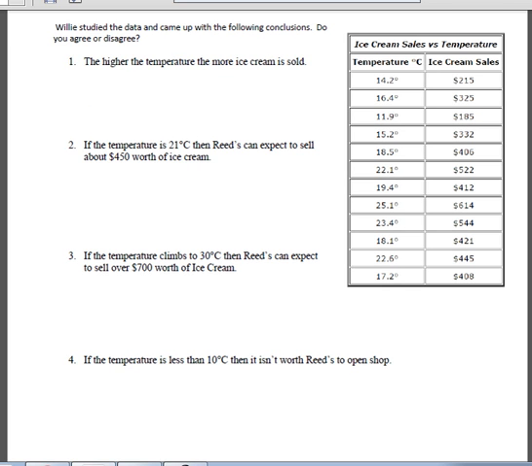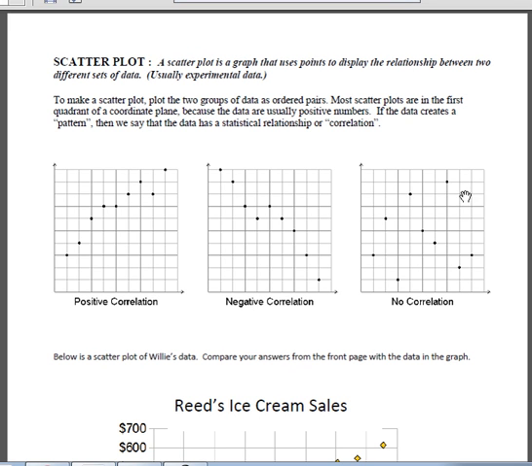So if we go over to page 2, we have some more information. Scatter plots. A scatter plot is a graph that uses points to display the relationship between two different sets of data, usually experimental data. And you've probably seen this before.